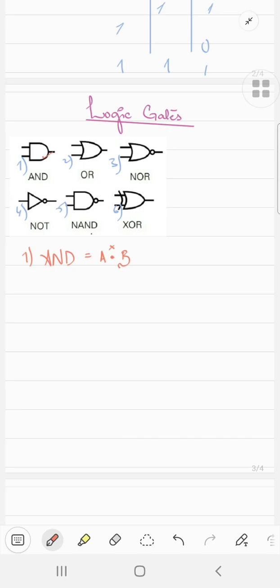Okay, the next logic gate that we are going to be discussing is the NAND gate. Why am I discussing the NAND gate? Because it's just the inverse of AND gate.